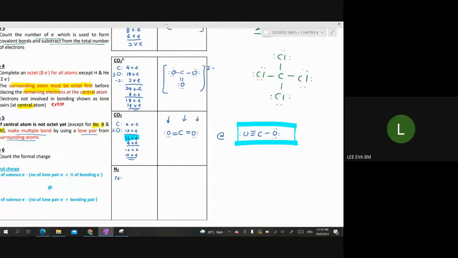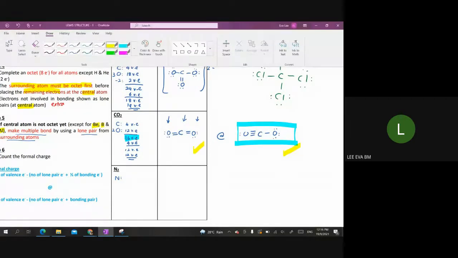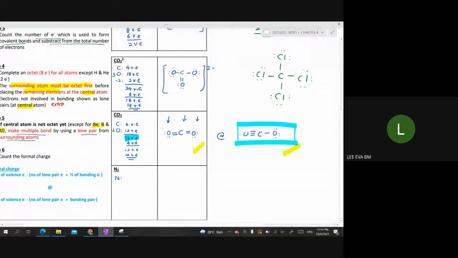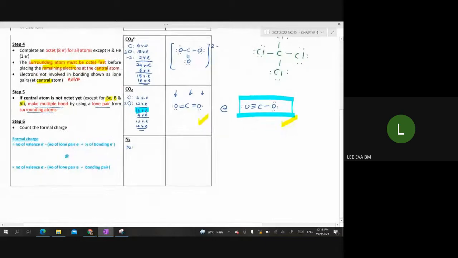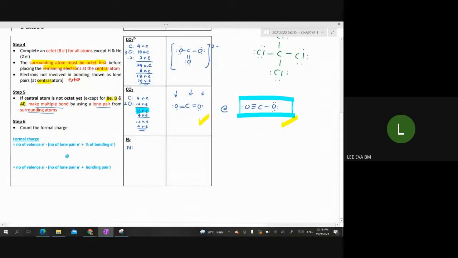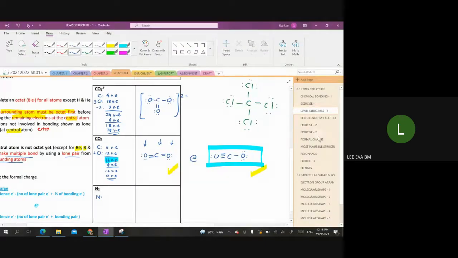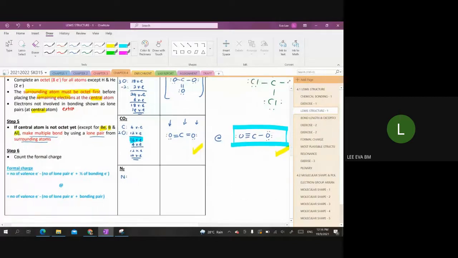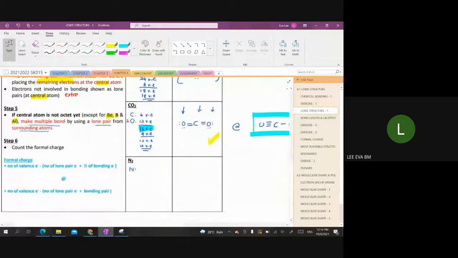Is my carbon octet? Yes. So, maksudnya dua-dua structure ni boleh diterima. Okay? Formal charge nanti dekat subtopik sini madam akan ajar ya. So dekat sini madam masukkan dekat table saja.